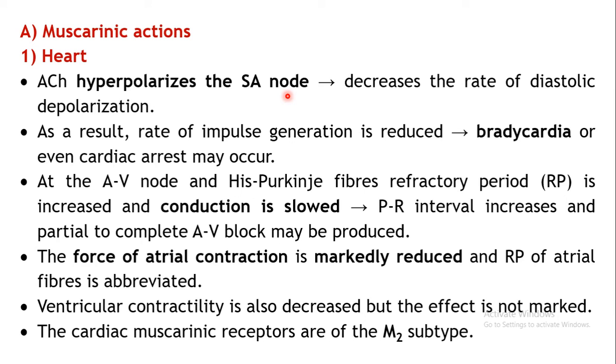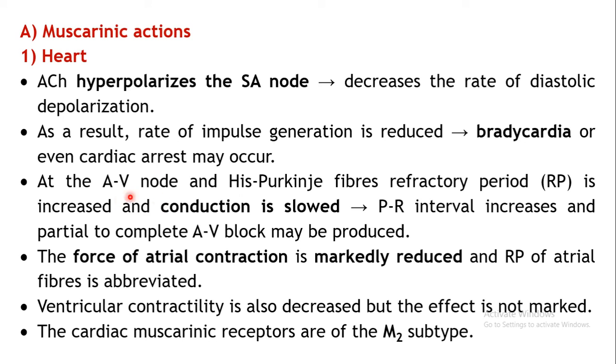Because of the hyperpolarization, it will decrease the rate of diastolic depolarization, so impulse generation will be decreased. As a result, it will result in bradycardia, or a fall in the heart rate, or sometimes even cardiac arrest may take place.